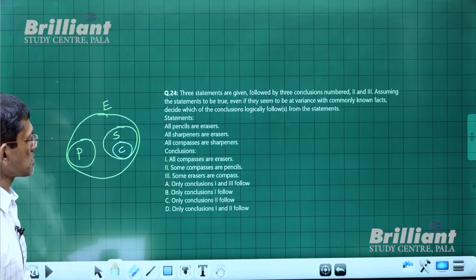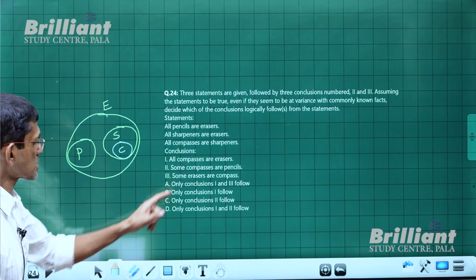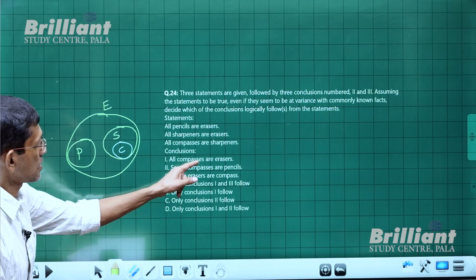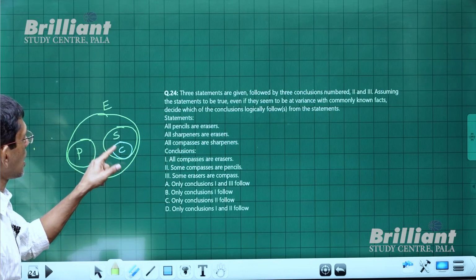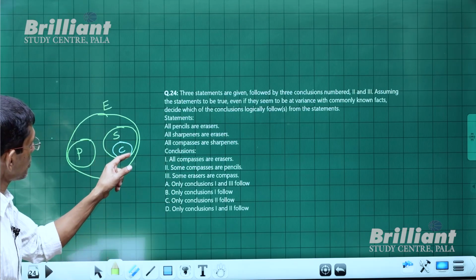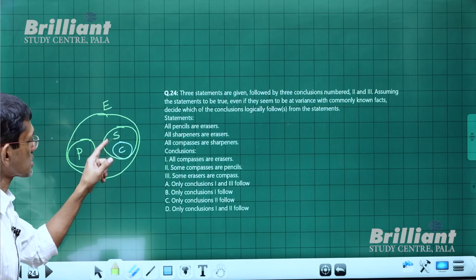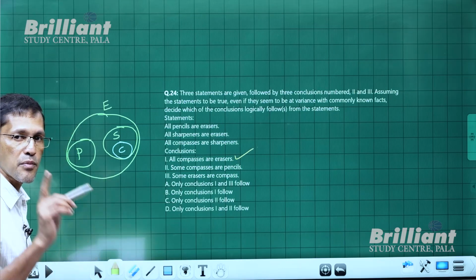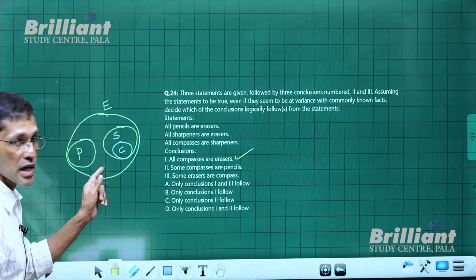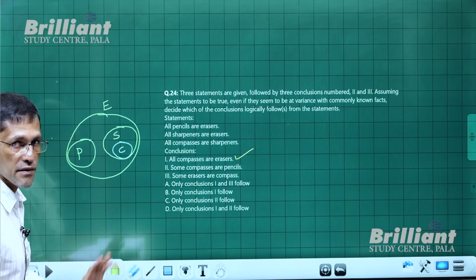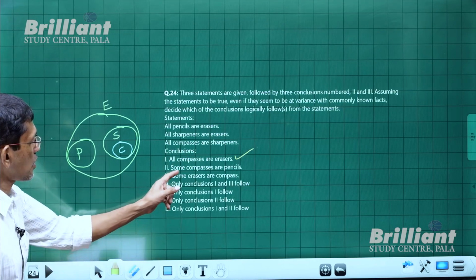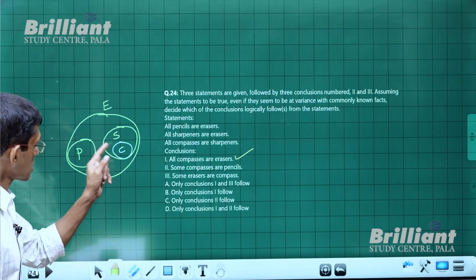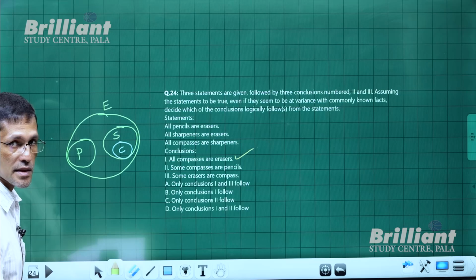So the basic diagram is completed. Now look at conclusion number 1: all compasses are erasers. Are all compasses erasers? Yes, because all compasses are inside the eraser circle. A positive conclusion valid for the basic diagram, so it follows. Now, some compasses are pencils. Well, there is no intersection between compass and pencil.